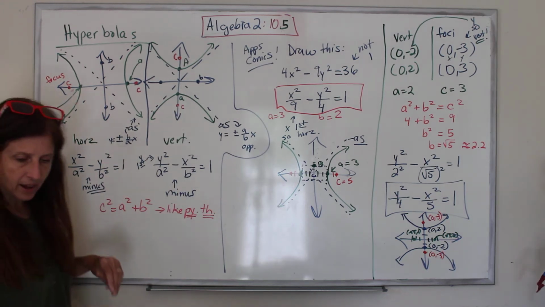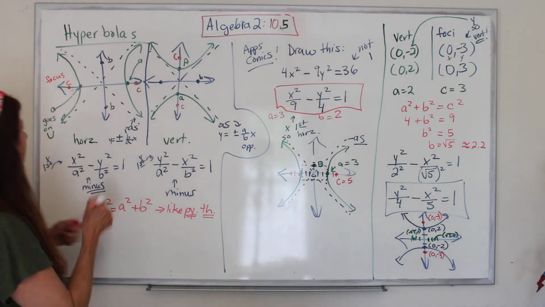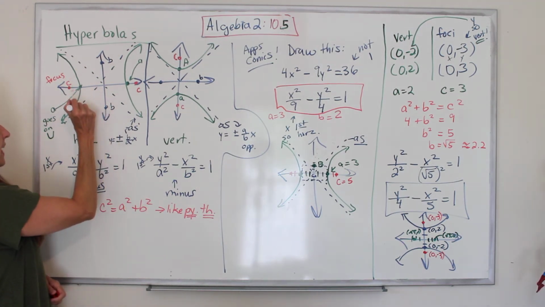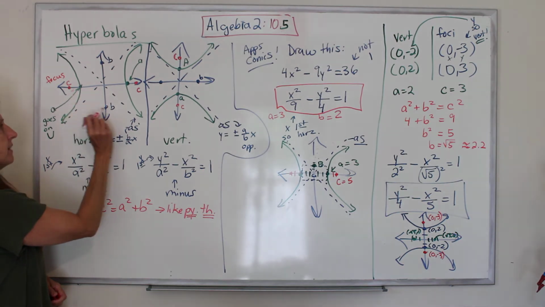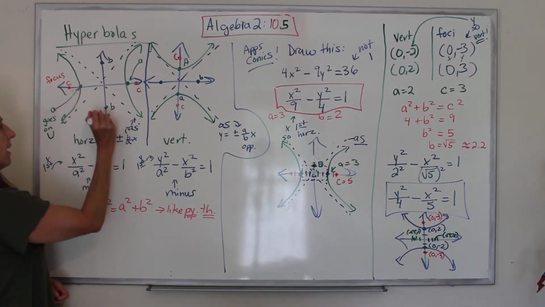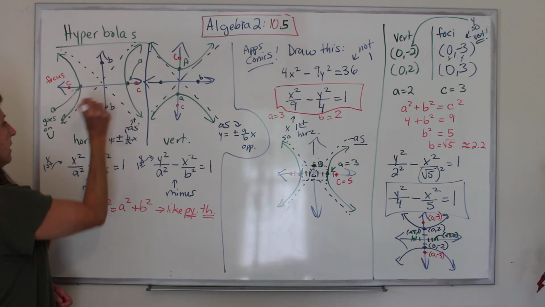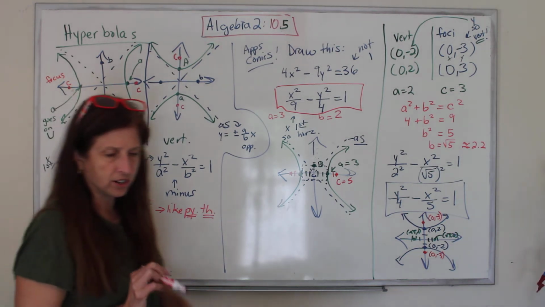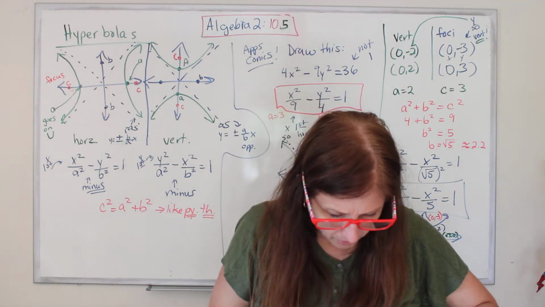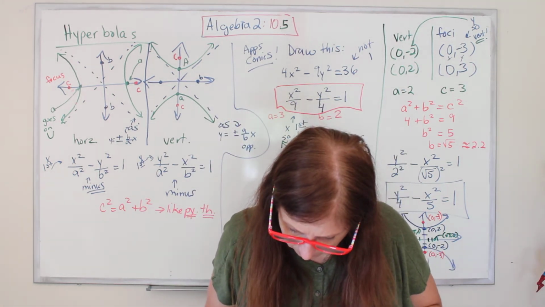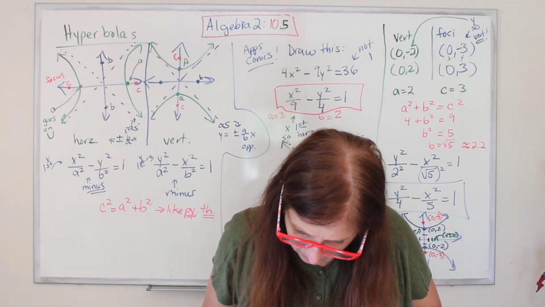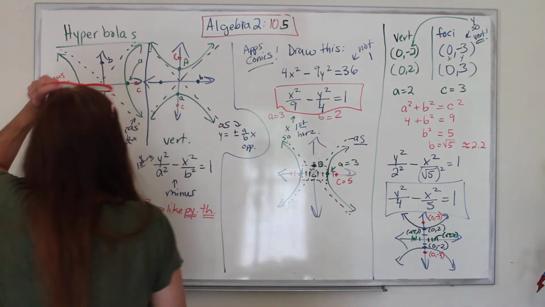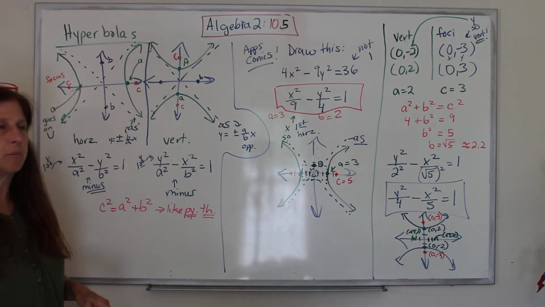And if you draw a line from the vertex to the asymptote till it hits, and then draw a straight right angle over, you get the vertices, you get the rest of the box. Sometimes the names change a little bit.